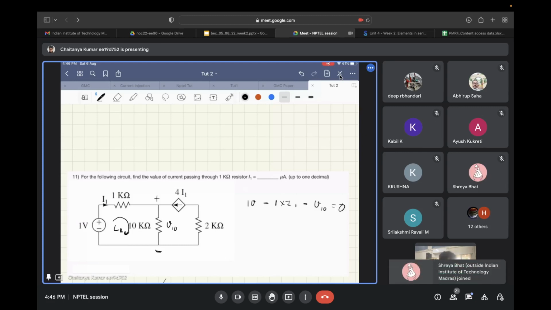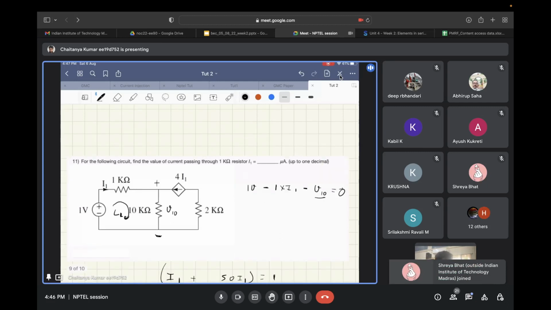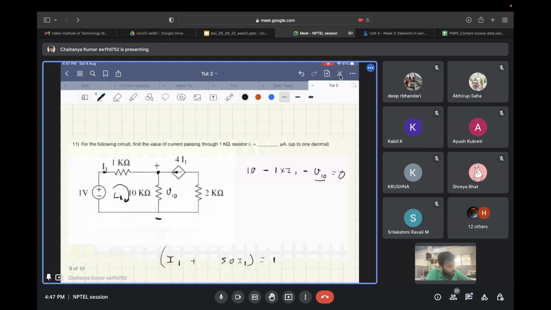To find the voltage across this 10 kilo ohm resistor, you need to see KCL at this particular node. You have I1 coming from here and 4 I1 coming from here. So total current will be 5 times I1.